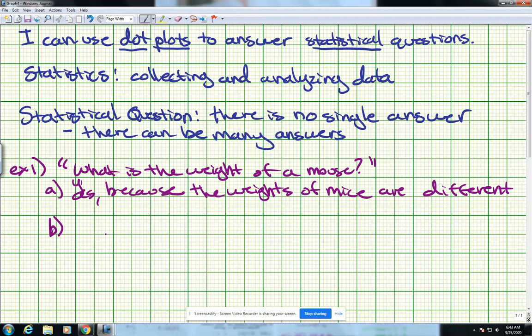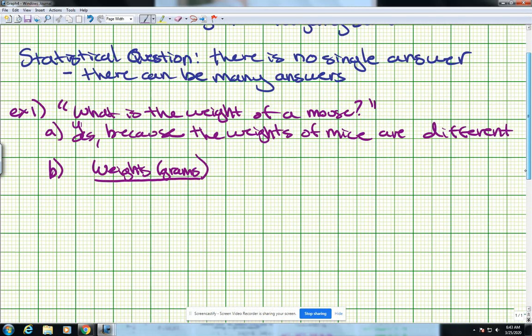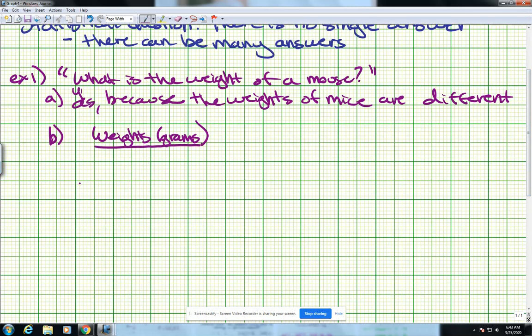Let's start with, yes, I know this is annoying, copying down those numbers in the chart. These are going to be weights of house mice in grams. We're just going to copy down these numbers quickly so that we can get them into a dot plot. Remember, we have to have the original in our notes as well as the graph so that we know where we came from. The numbers in the left column are a 20, an 18, and a 28.